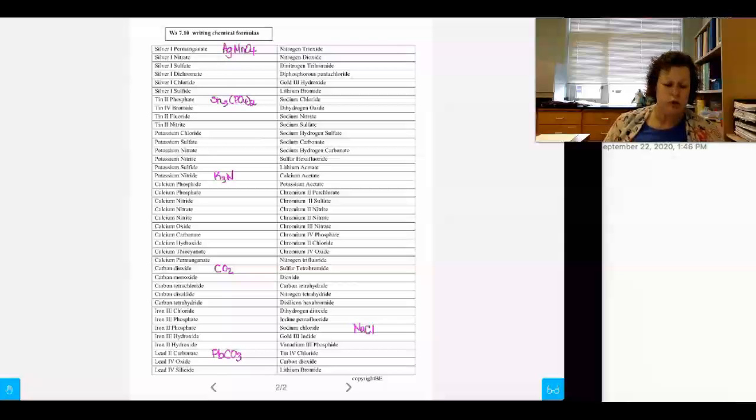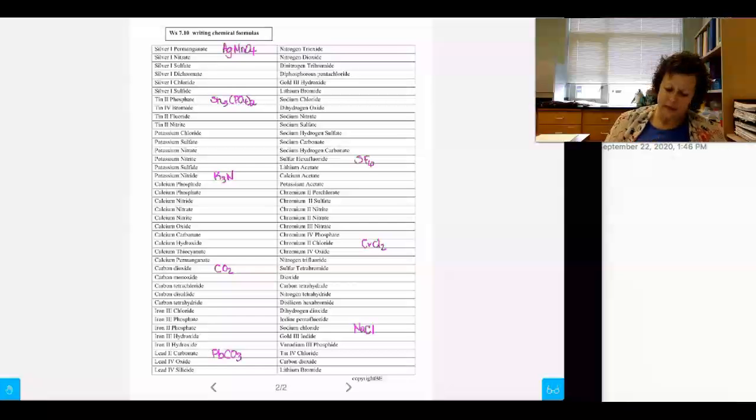Chromium 2 chloride. That is ionic. Chromium 2 is the oxidation number. Chromium has an oxidation number of 2. Cl has -1. Crisscross. CrCl2. Sulfur hexafluoride. Sulfur's mono. Hexa tells you there's 6 fluorine.